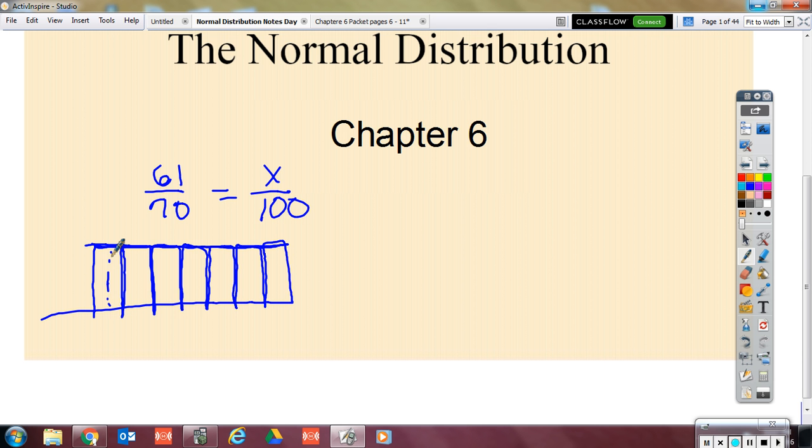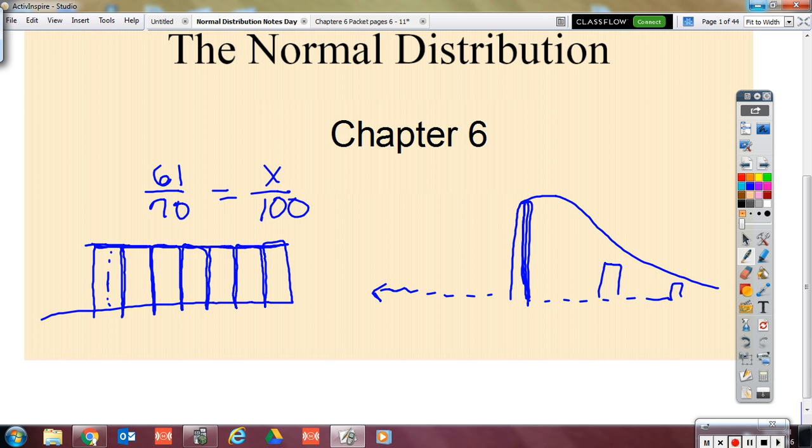How would those be distributed? More people would have the average, okay? What happens as you get further out to the high end? You're going to have less and less. And what happens as you get way out to the real low grades? Less and less. Okay, good.